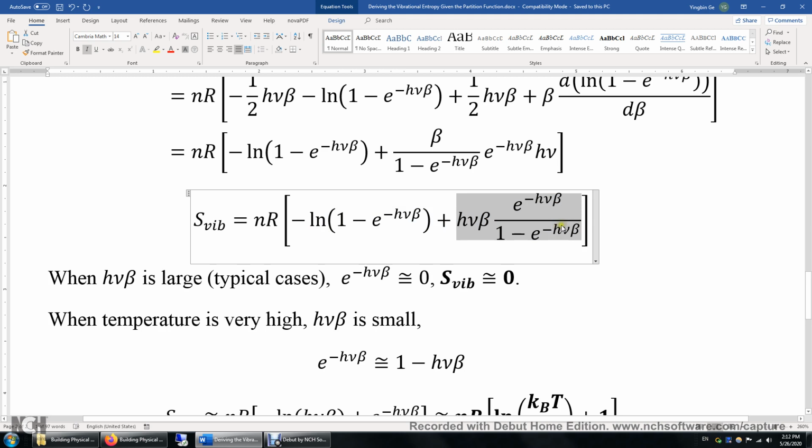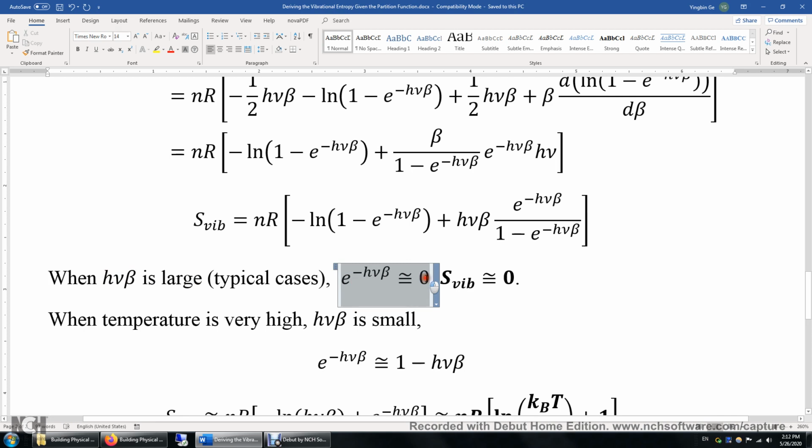So again, for this HCl molecule at room temperature, because h nu beta is large, it's approximately 14, I believe. You can recompute this. You can just plug in the wave number of HCl, which is 2,900 inverse centimeter, into this hc over lambda over kBT. You can get this number. It's, I think, roughly 14, and you get this e to the power of negative 14 approximately 0.